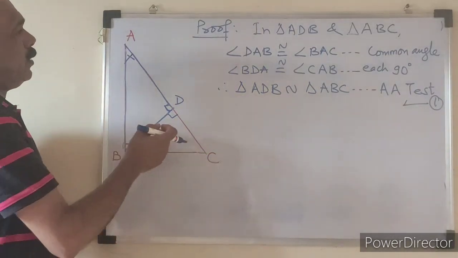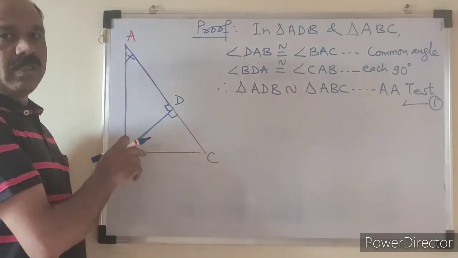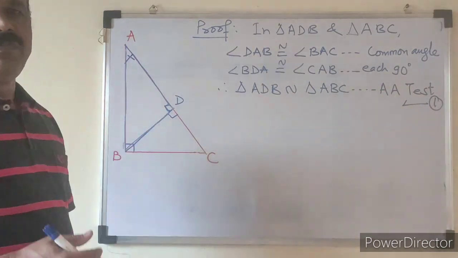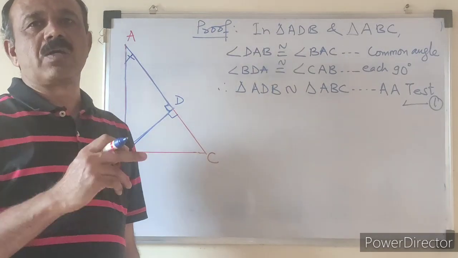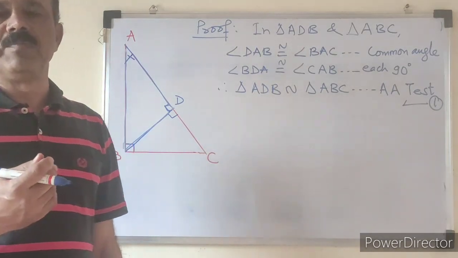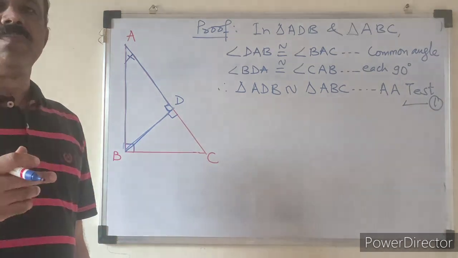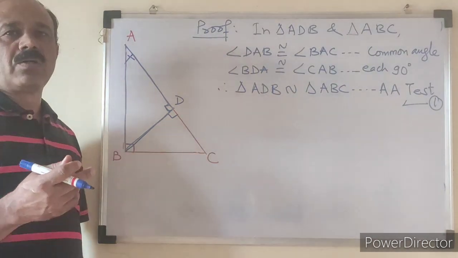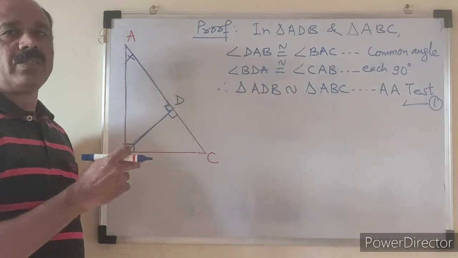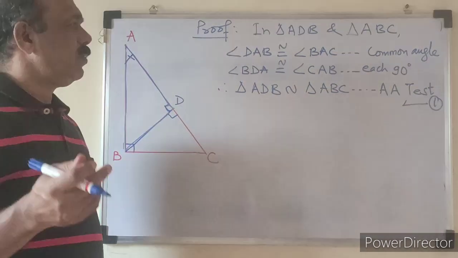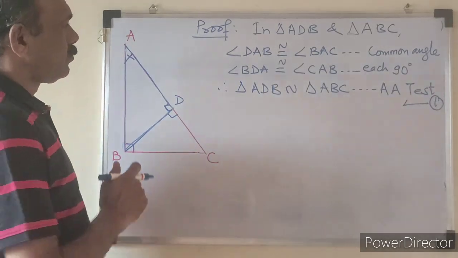Now, if two angles are congruent, automatically the third angle will be congruent. So in two triangles, if two angles of the first triangle are congruent to the corresponding angles of the other triangle, then the two triangles are similar according to the AA test of similarity.